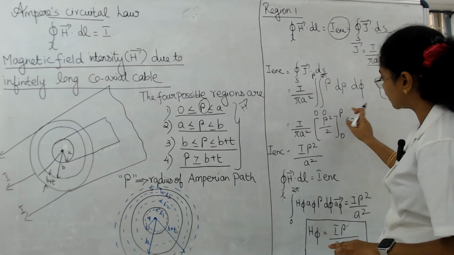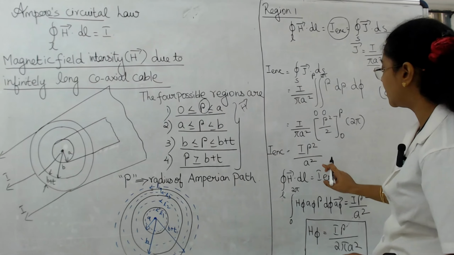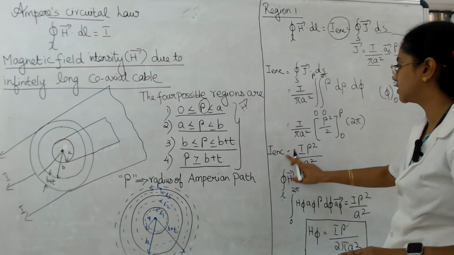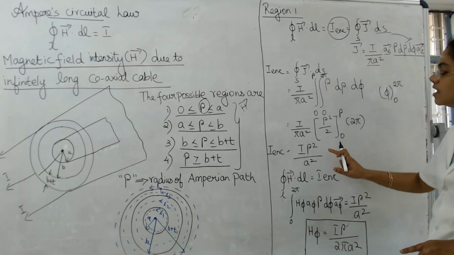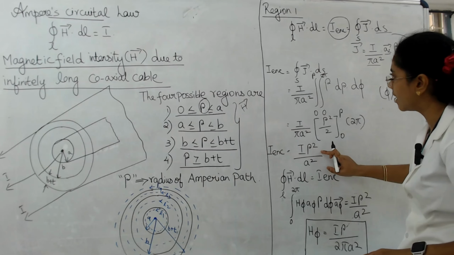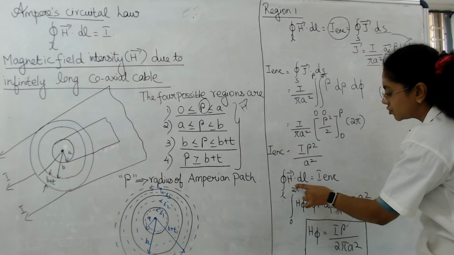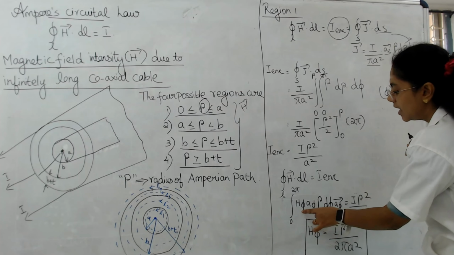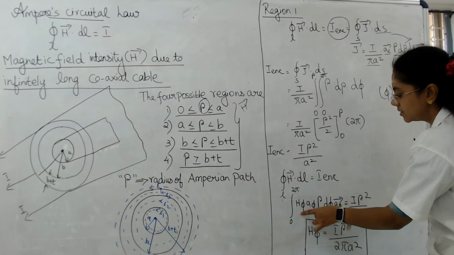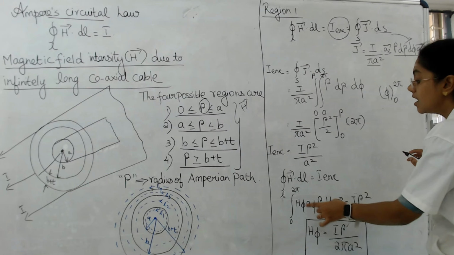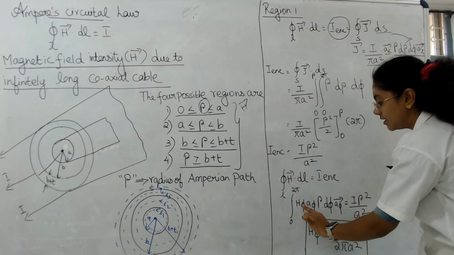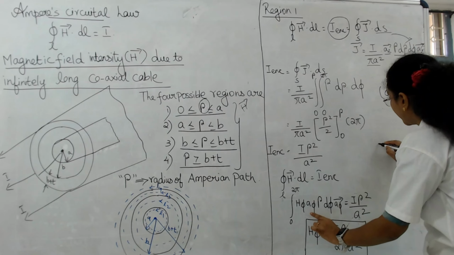Substituting the limits, I finally get I enclosed as I rho squared by a squared. Next I have to substitute this in the integral over L of H dot dl. This H dot dl can be expanded as H phi into a phi vector, because the magnetic field intensity is along the phi direction.